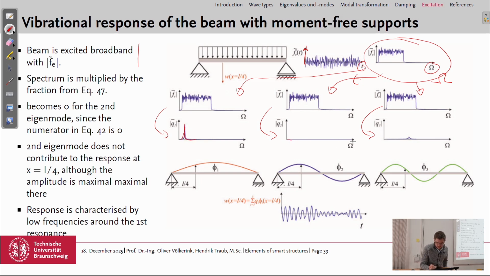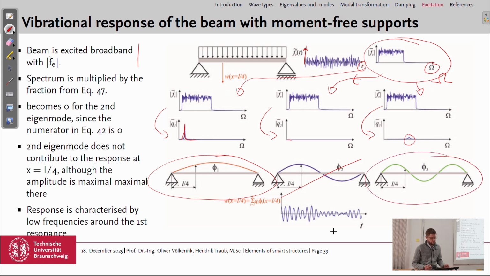The second eigenmode is not excited at all, and the third eigenmode is only to a small share excited by this spectrum. And with this, we can then set up or describe the vibration behavior. So it would vibrate dominantly in this shape, it would not vibrate in this shape at all, and a bit in this shape.